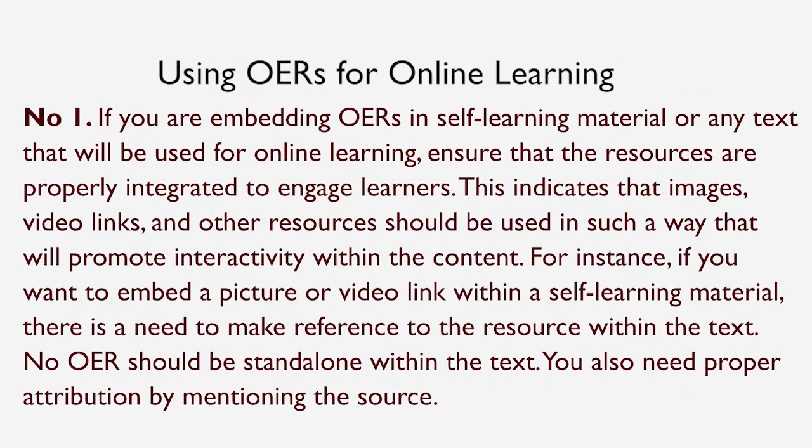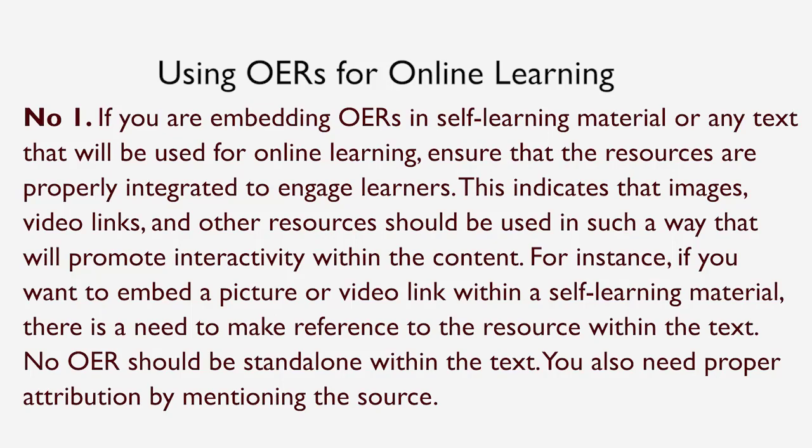This indicates that images, video links, and other resources should be used in such a way that will promote interactivity within the content. For example, if you want to embed a picture or video link within a self-learning material, there's a need to make reference to the resource within the text. No OER should be a standalone within the text.